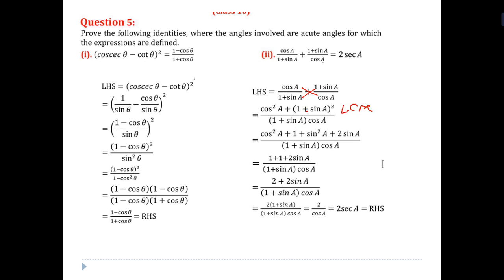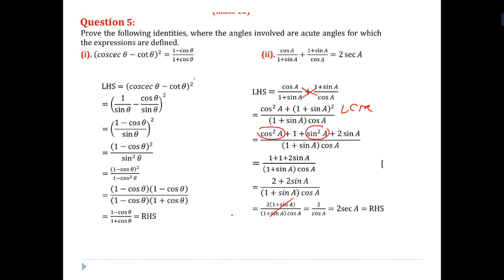So cos square A plus 1 plus sin A whole to square upon 1 plus sin A bracket over cos A. So cos square A plus 1 plus sin square A plus 2 sin A upon 1 plus sin A cos A. So again the identity, we are using cos square A and sin square A, the answer is 1. So 1 plus 1 plus 2 sin A. So 2 will be taken common outside. So 1 plus sin A upon 1 plus sin A cut. So 2 upon cos A, that is 2 sec A, that is the RHS.